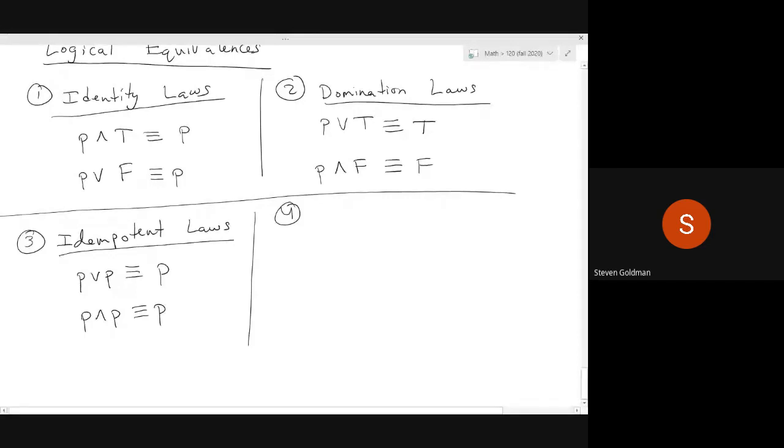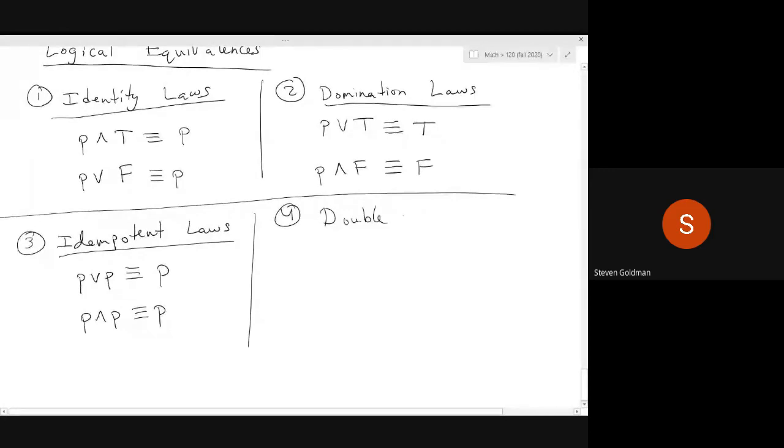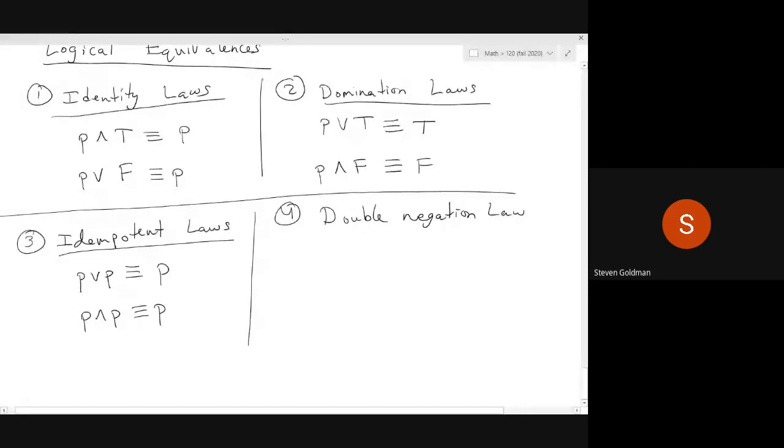Number 4 is called the double negation law. The negation of not P is, as you would probably assume, equivalent to P.